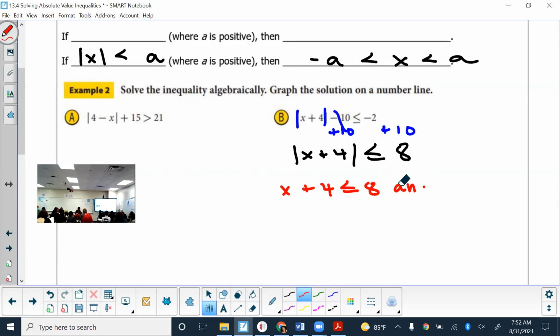You can put and because it is an and statement. And then we have x plus 4. Now we're going to flip the sign greater than or equal to -8.